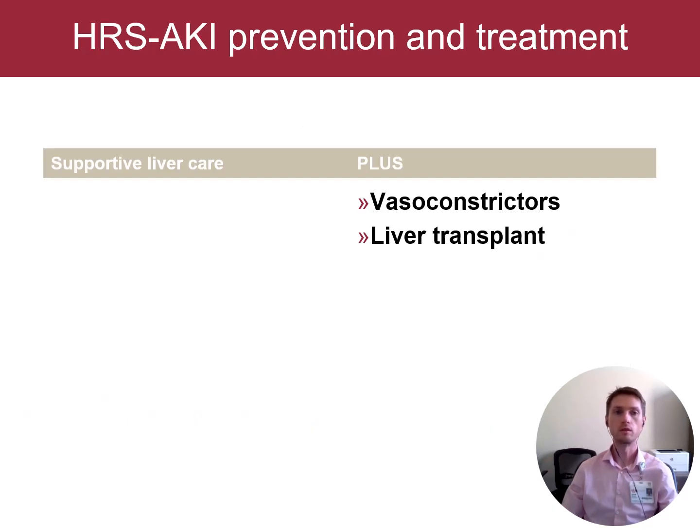Moving on to prevention and treatment of AKI and hepatorenal syndrome. Well, it involves every aspect of supportive liver care that I showed you at the beginning of the presentation, plus administration of vasoconstrictors and evaluation for liver transplant when appropriate.